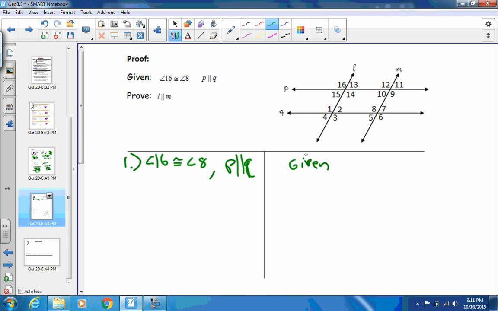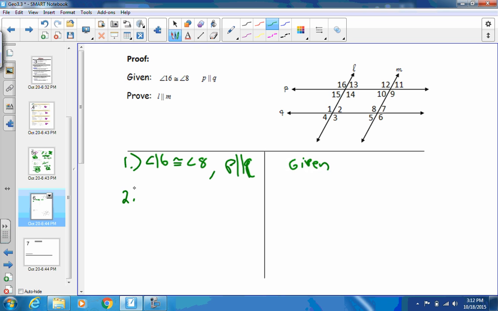We want to try and prove that line L and line M are parallel. So my guess is we're going to have to use one of those theorems at the end to show that they're parallel. So one of those new theorems is converses.